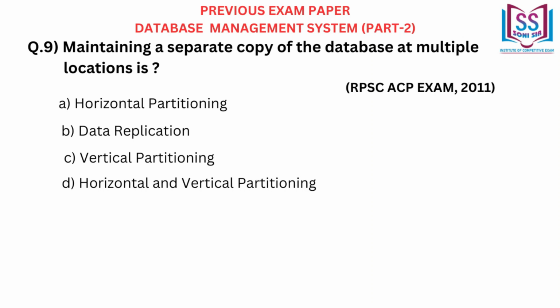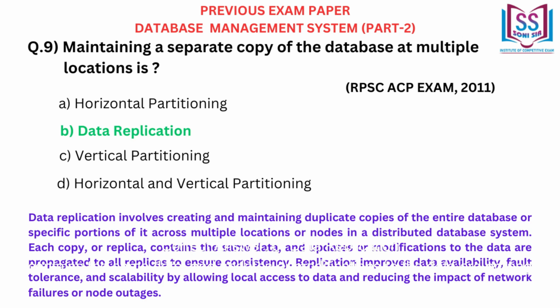Maintaining a separate copy of the database at multiple locations is: A. Horizontal partitioning, B. Data replication, C. Vertical partitioning, D. Horizontal and vertical partitioning. Correct answer B. Data replication.